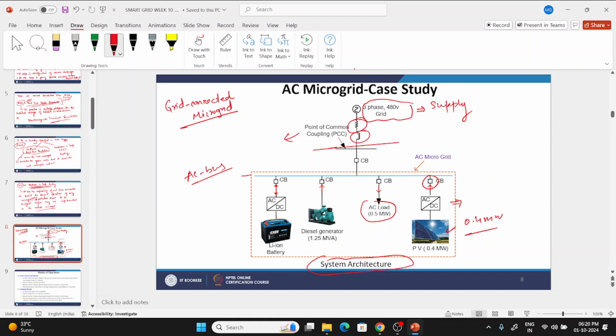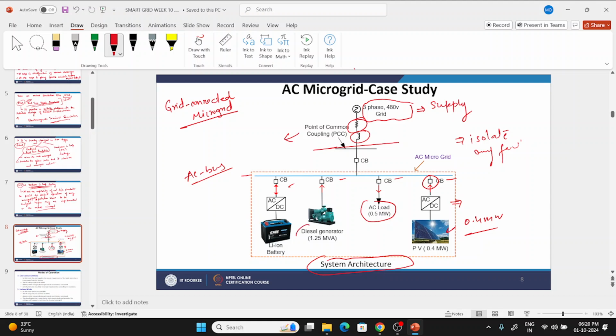Why? Because if we want to isolate any faulty section, we can do it with the help of these circuit breakers. And after the fault is removed or the malfunction in that part of the network is removed, we can connect it again to the AC bus.